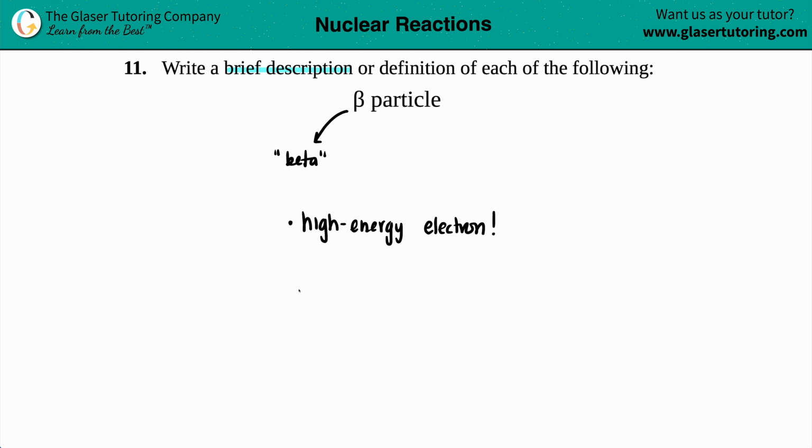And now, if you're doing nuclide notation for a beta particle, you might see it written two ways. I like to put a hyphen in the middle, but you don't have to if you don't want to. Now, if a beta particle is just an electron, generally you might see in your nuclide notation as E for electron.